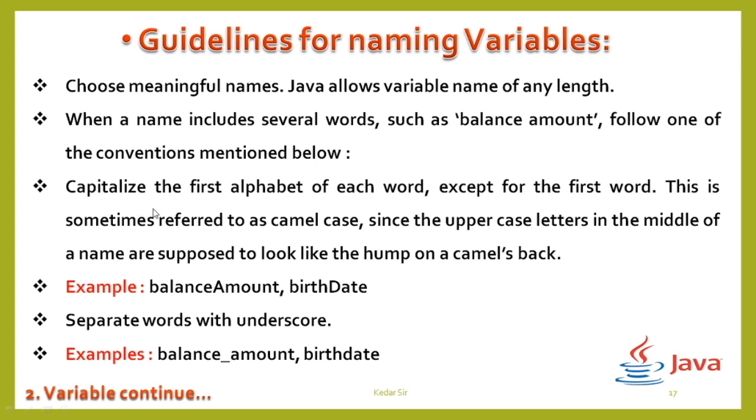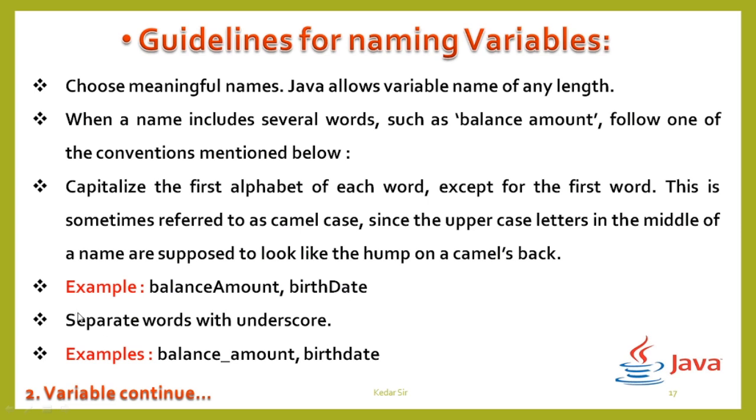Capitalize the first alphabet of each word except for the first word. This is sometimes referred to as camel case, since the uppercase letters in the middle of a name are supposed to look like the humps on a camel's back, like this, right? Balanceamount: the second word's first character is capital.